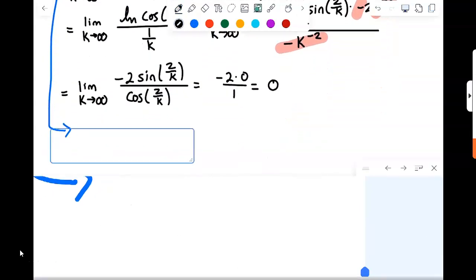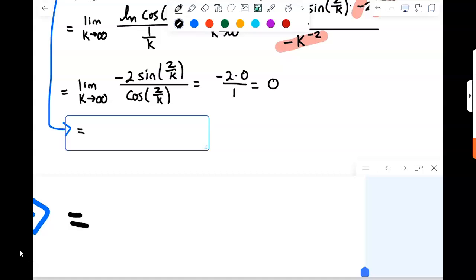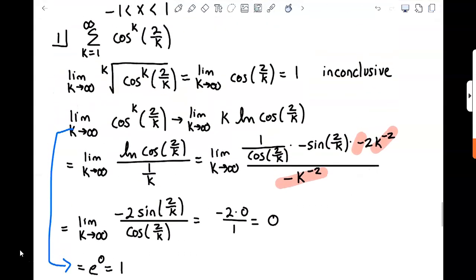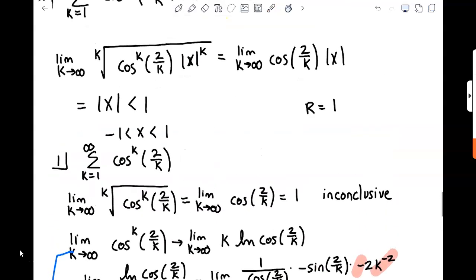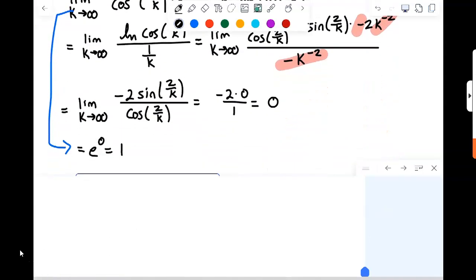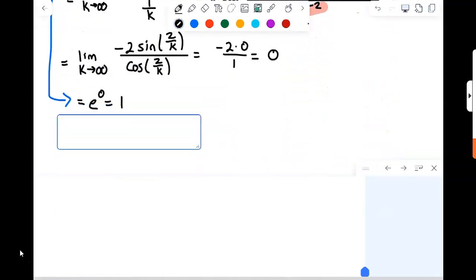So this thing approaches e to the 0, which is 1. And so since the limit of the underlying sequence approaches 1, which is not 0, we know this thing is going to diverge, and that's by the divergence test.